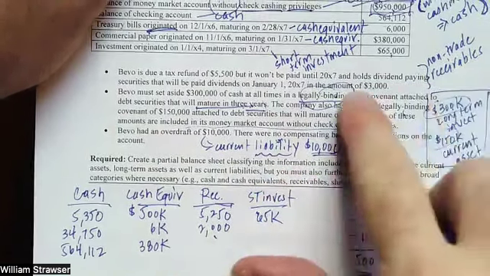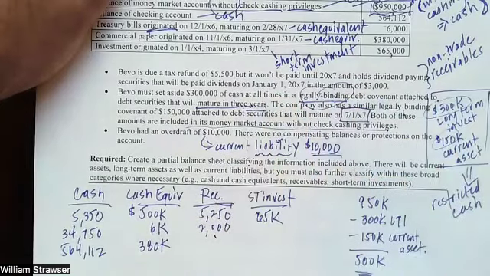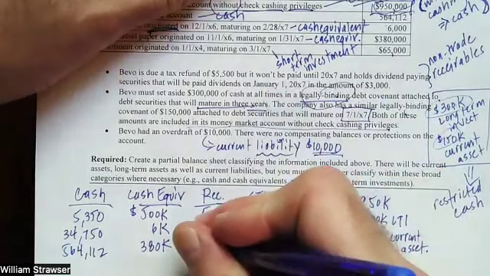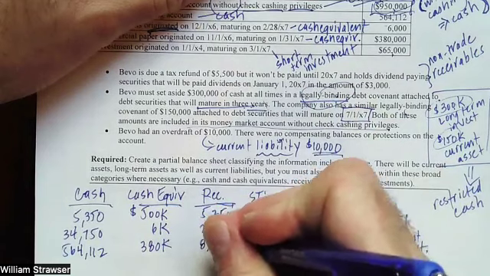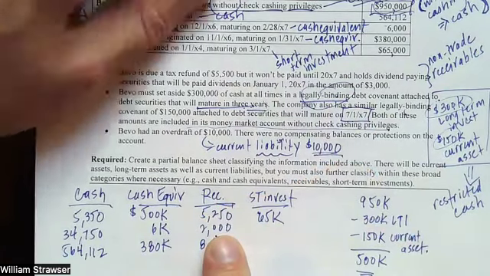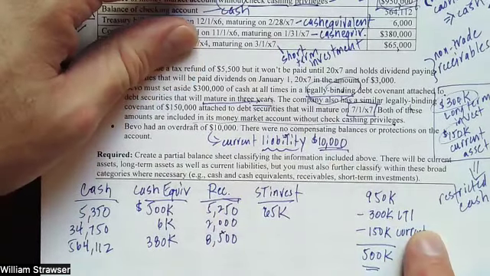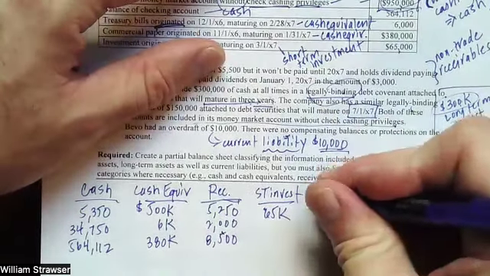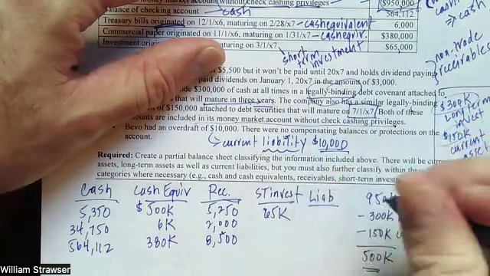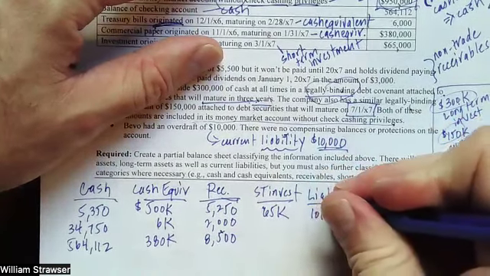These are receivables, non-trade, 5,500, 3,000. I'll just add them together, 8,500. I already have the 300 and the 150 counted for over here. And then we have that liability for the overdraft of 10,000.